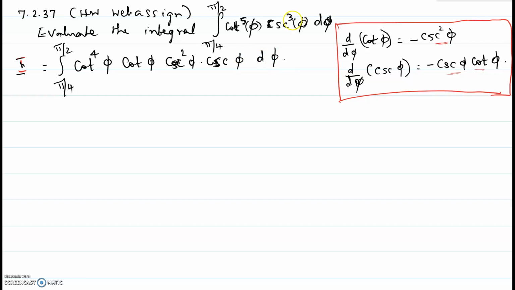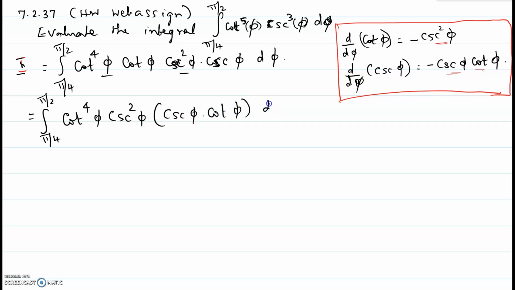So we are going to split exponent 3 as 2 and 1, exponent 5 as 4 and 1. So it is the integral from pi by 4 through pi by 2 of cotangent to the power of 4 phi, and then cosecant square phi. Then you group the cosecant phi cotangent phi d phi to make it look like this, cosecant phi cotangent phi.